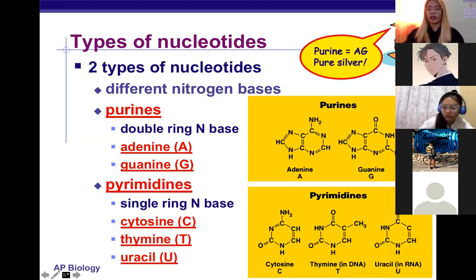And anyway, that's fine. So, kung ang naituro sa inyo ay nitrogenous bases na ATGC, actually they are still nitrogenous bases grouped into two depending on the number of rings sa kanilang nitrogenous base.